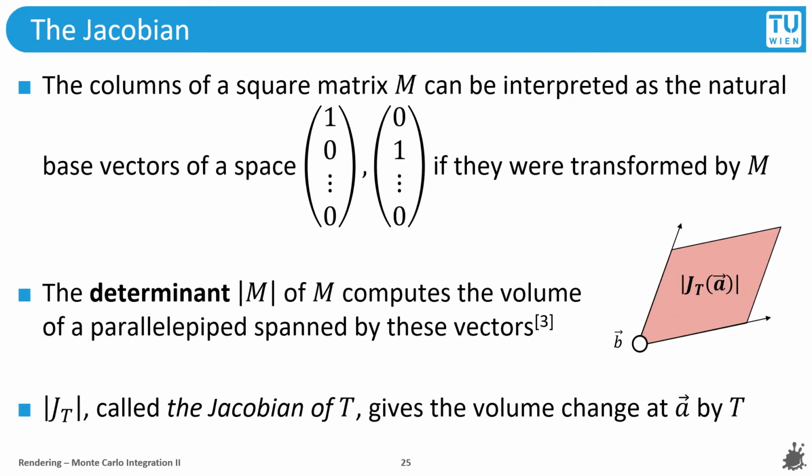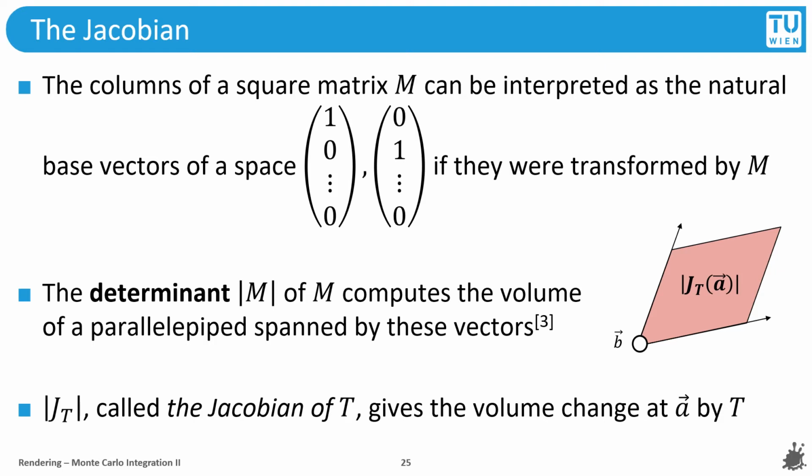The final piece that we need is the determinant. If we are comfortable with seeing the Jacobian matrix as a locally valid transformation matrix, then we can quickly quantify the change in volume that it generates. The columns of a square transformation matrix can be seen as the basis vectors of the transformed space. With this interpretation, the determinant of a matrix computes the volume of the parallelepiped that is formed by these basis vectors.